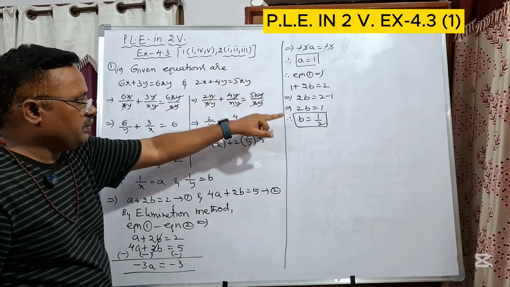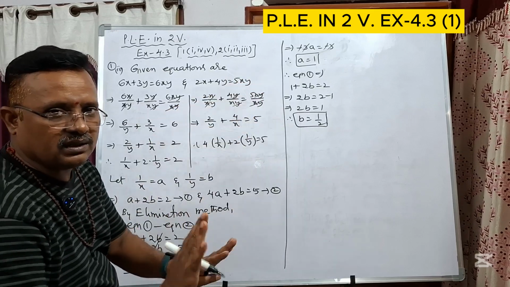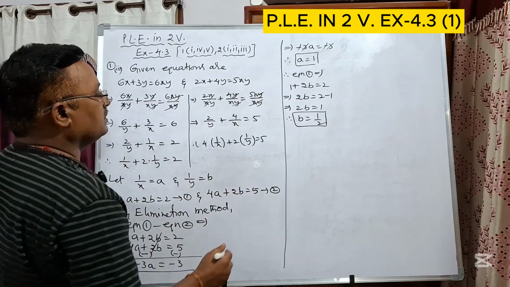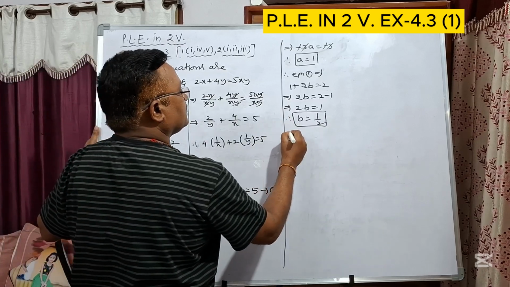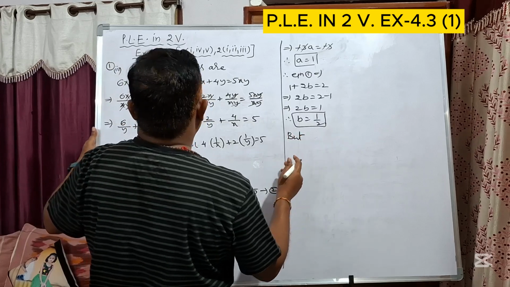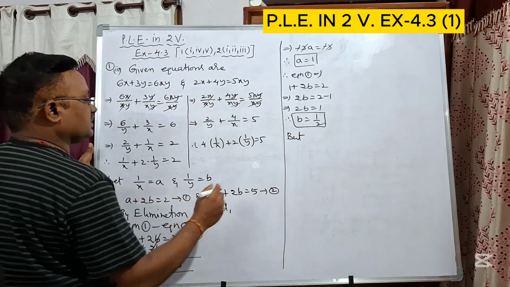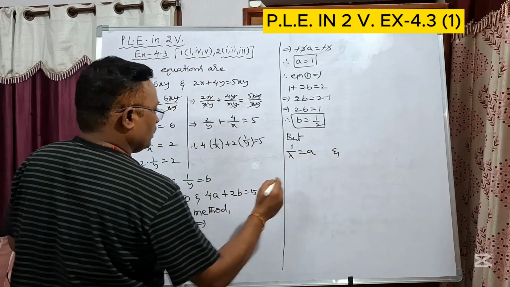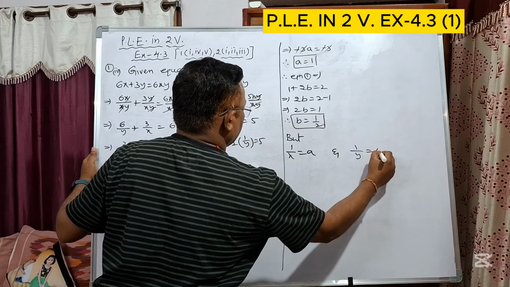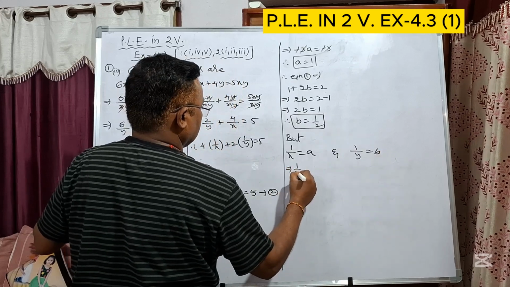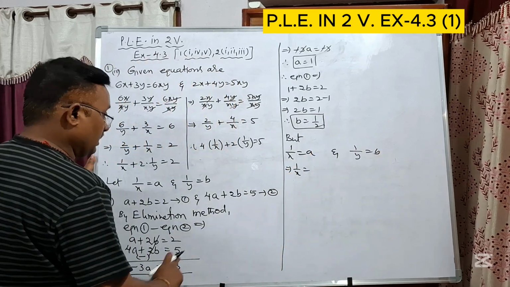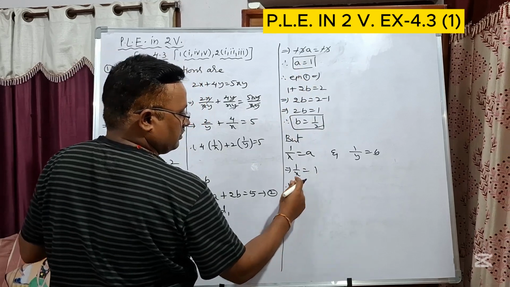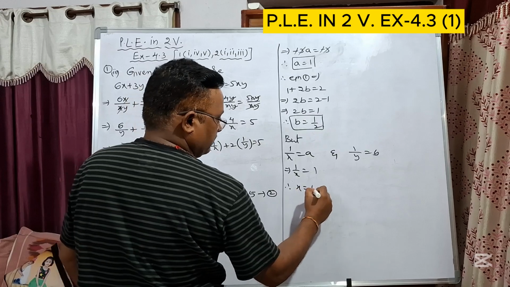So a value, b value we got. But those are not the final answer, the final variables. Those are considered variables. To get the original variables, what is a? It means 1 by x. 1 by x equal to a and 1 by y equal to b. Utilize them, which implies 1 by x equal to a value, here 1. So therefore 1 by x equal to 1 means cross multiplication, x equal to 1.